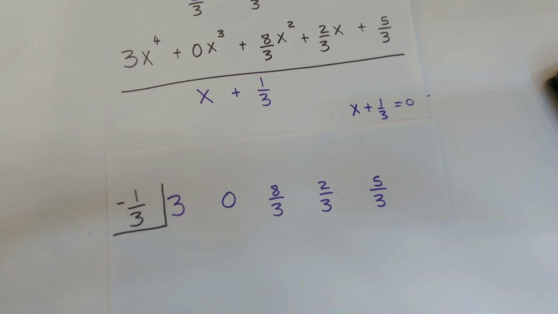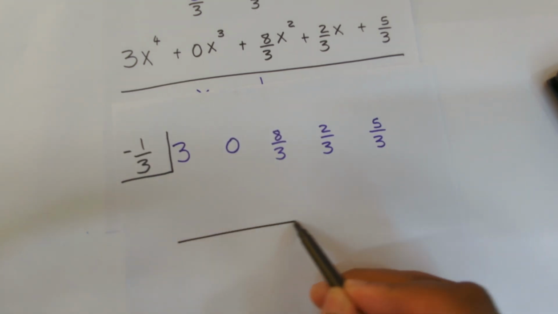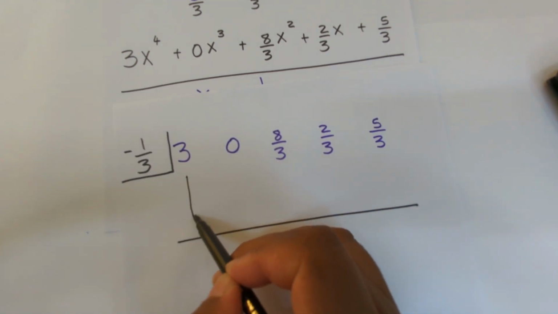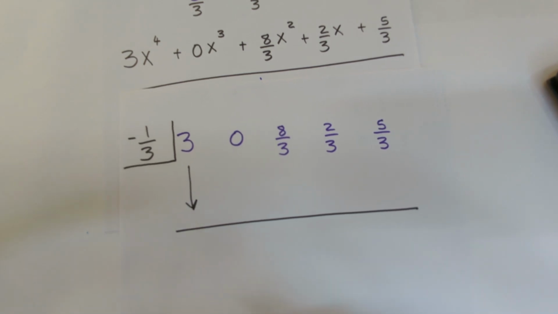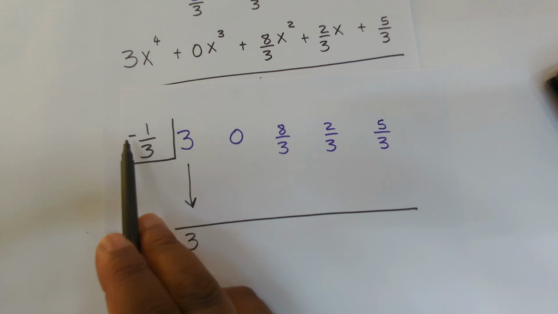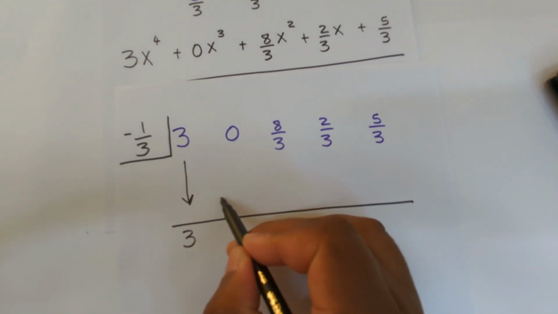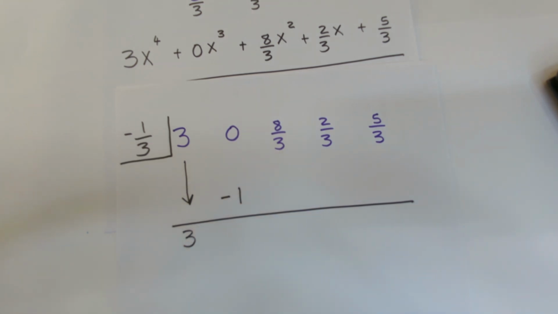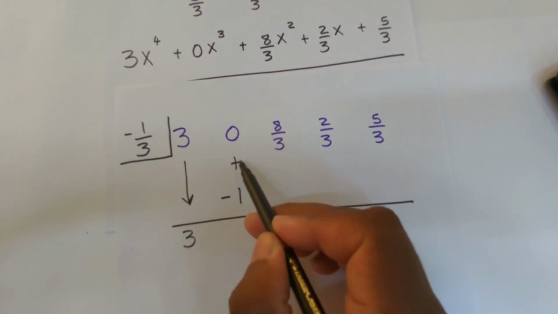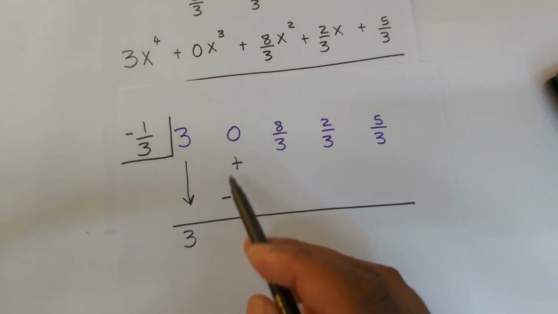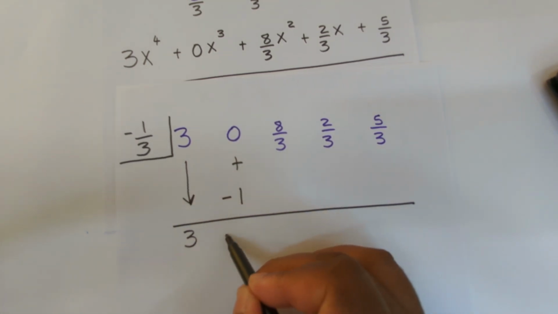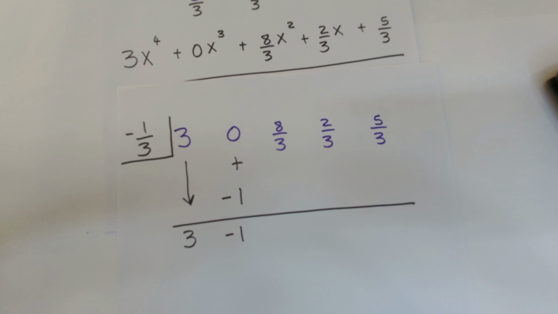Now let's start with our synthetic division. So we're going to bring down our 3 and write it down here. Now let's multiply. Negative 1 over 3 multiplied by 3 will give us negative 1. And we add the negative 1 to 0. 0 plus negative 1, that's a negative 1. Now we multiply again.